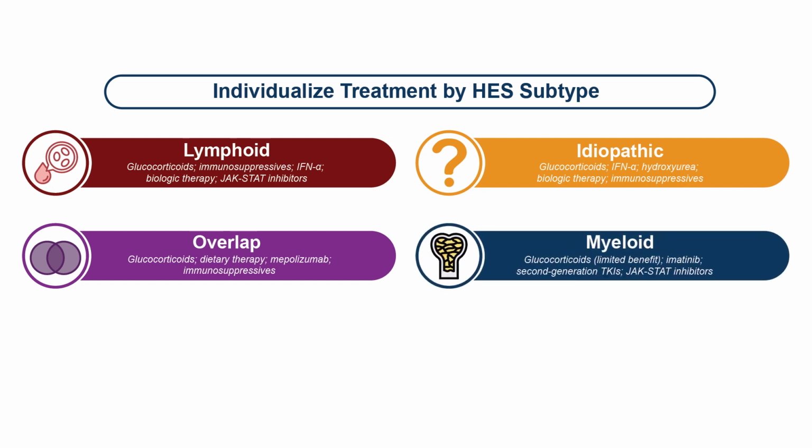And what's most important is that recognizing myeloid disease is necessary to be able to give a targeted therapy for HES. So patients with PDGFRA and PDGFRB disease respond remarkably to imatinib, and that is oftentimes the first-line therapy. And so a prompt diagnosis is important.